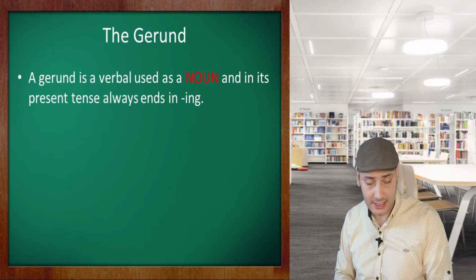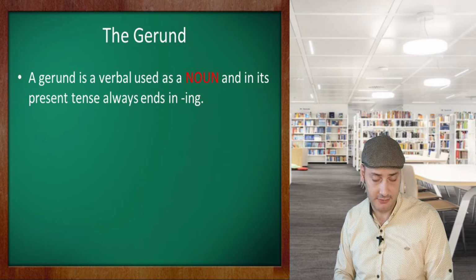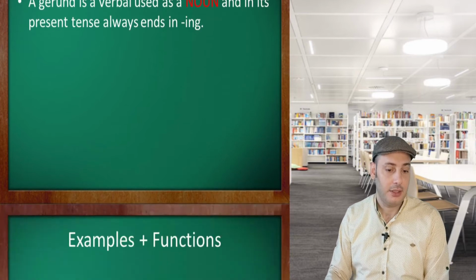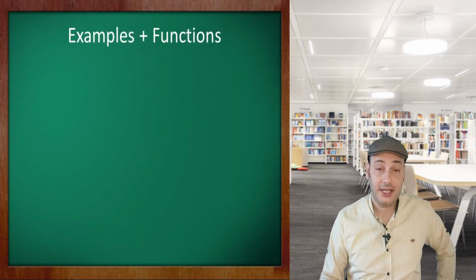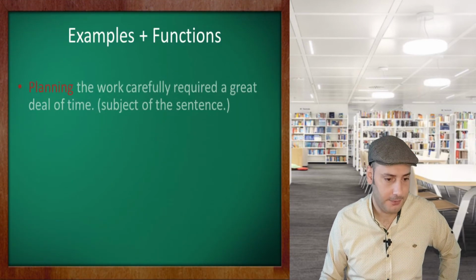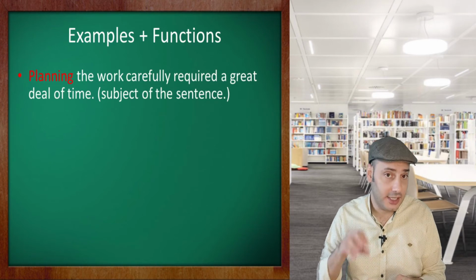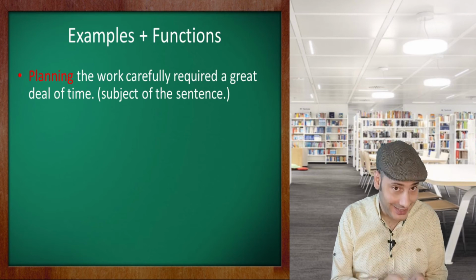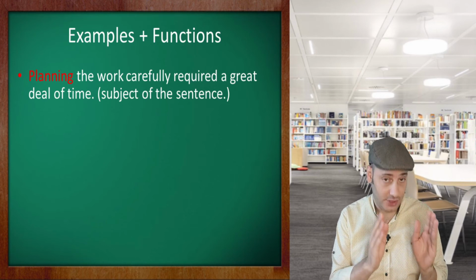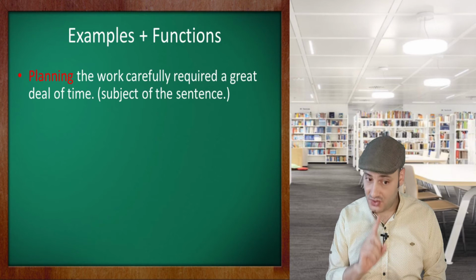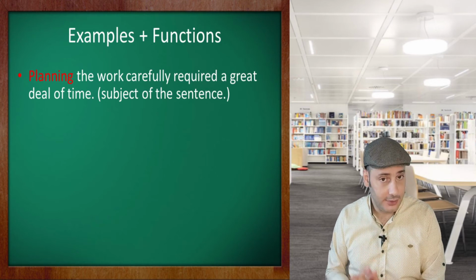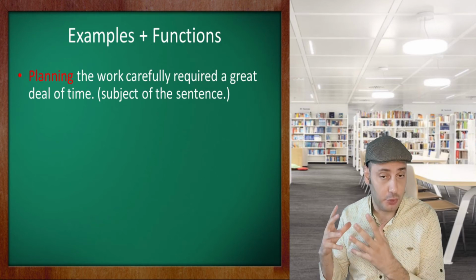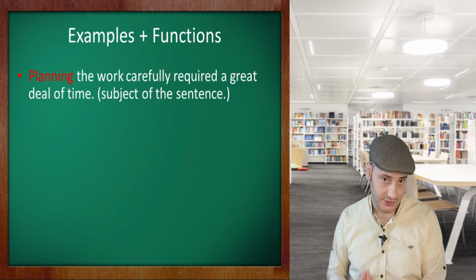Let's go to the examples and see how it functions, because I don't like theory a lot. Planning the work carefully required a great deal of time. Planning is the subject of the sentence. It's not a verb. What's the verb of the sentence? It's required. Required is the verb.